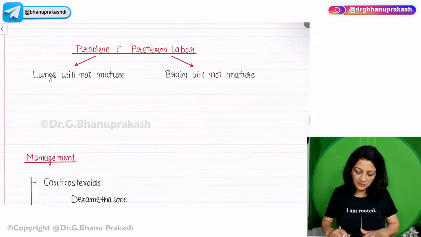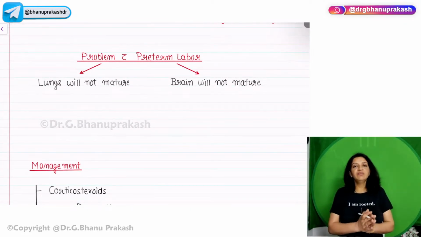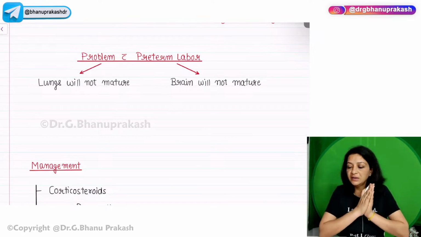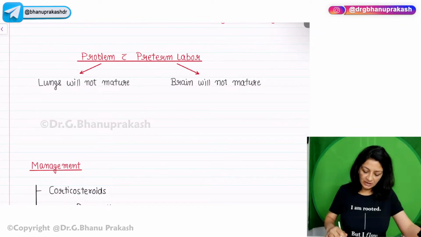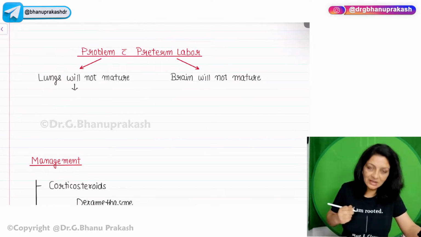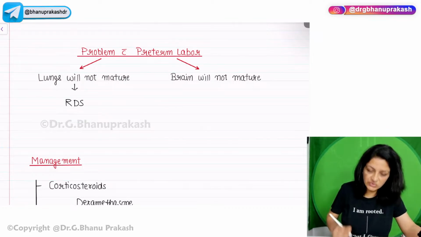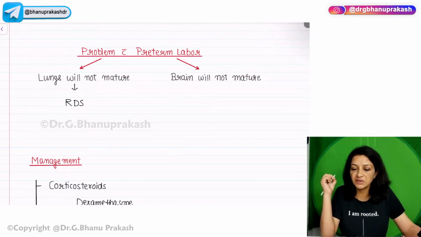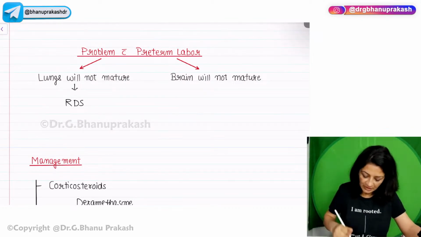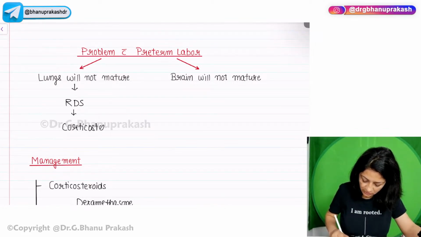So, problems with preterm labor. If a fetus is delivered by preterm labor, what complications will come? Lungs will not mature. Then the fetus will get respiratory distress syndrome, and the treatment of choice is corticosteroids.